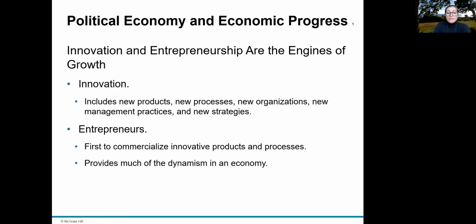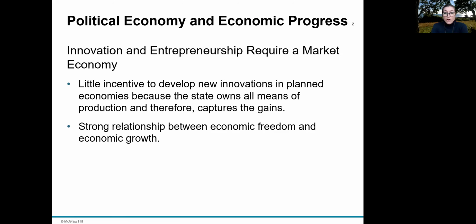Entrepreneurship, we're talking about the commercialization of innovative ideas, innovative products and processes, and an entrepreneurial orientation within a nation is suggested to provide much of the dynamism in an economy. So it's a driver of the economy.